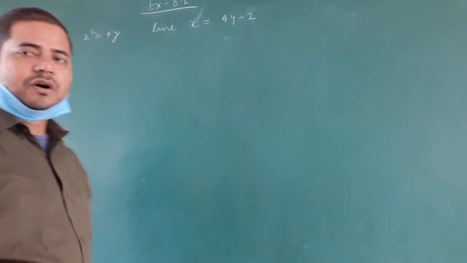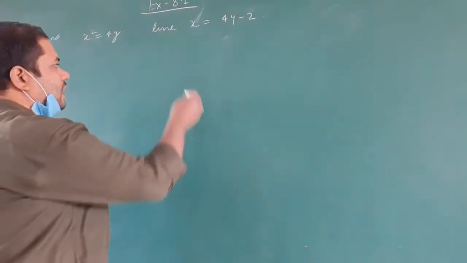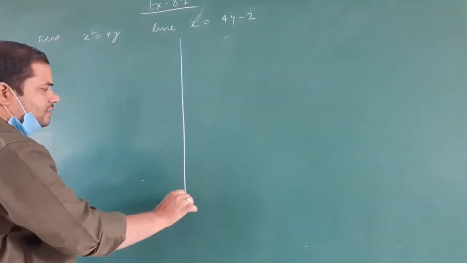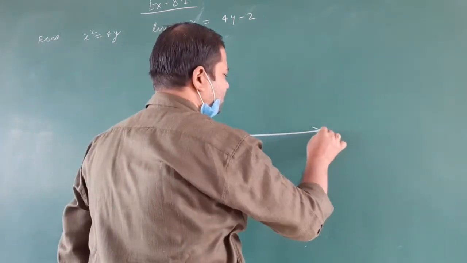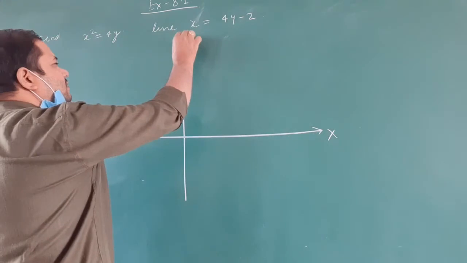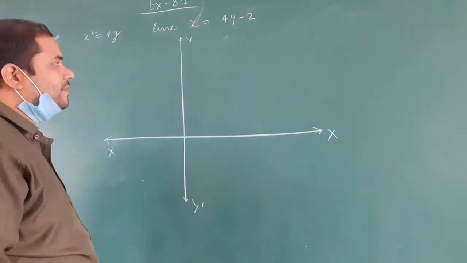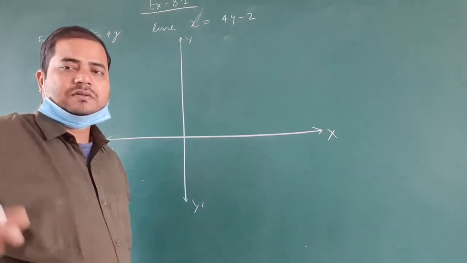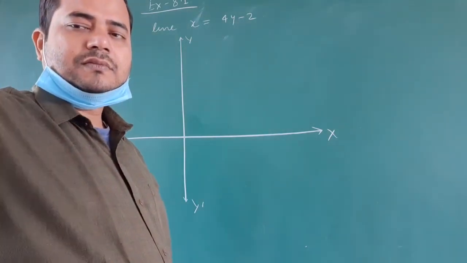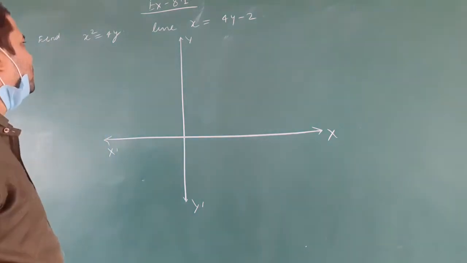So first of all, we draw the graph of this particular parabola and the line, and we see here x dash, y dash. Okay, so x square is equal to 4y.